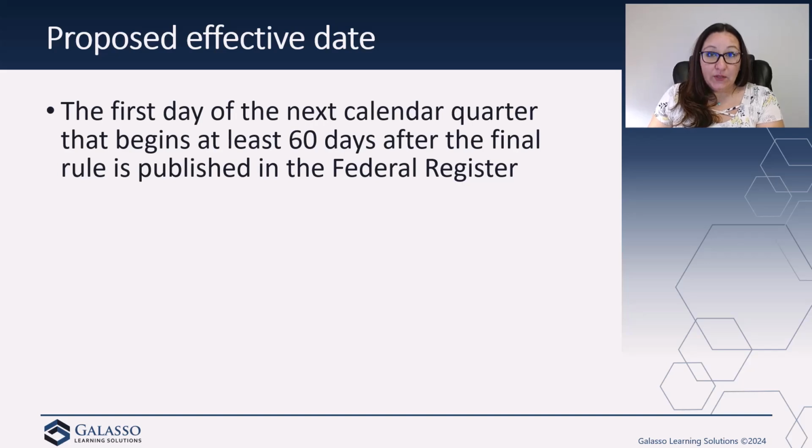So what that really means is that if the final rule comes out on December 22nd, 2024, the effective date would be April 1st, 2025. You get there by taking December 22nd, 2024, adding 60 days, which takes you to February 20th, 2025. So the next quarter after that date would be April 1st, 2025.